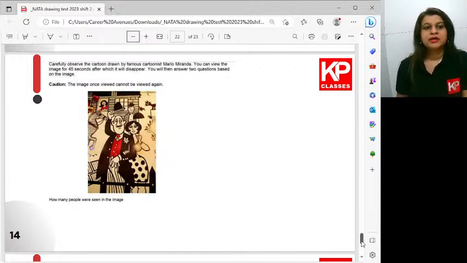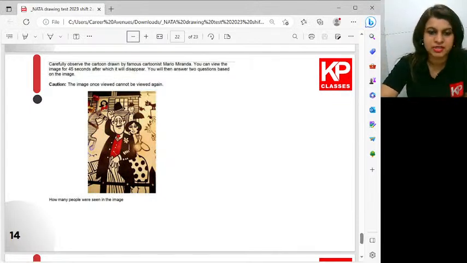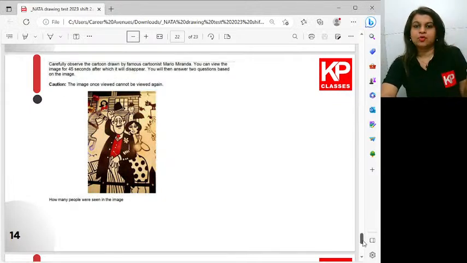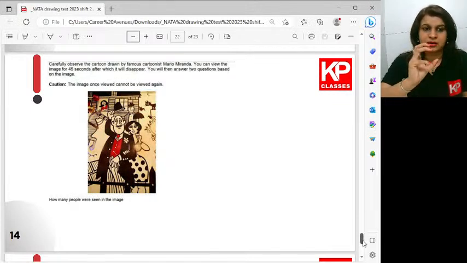Carefully observe the cartoon drawn by a famous cartoonist. You can view the image for 45 seconds, after which it disappears, and you have to answer certain questions based on that image. It won't be shown once again, so you just have to observe it. This helps you to increase your observation skill.